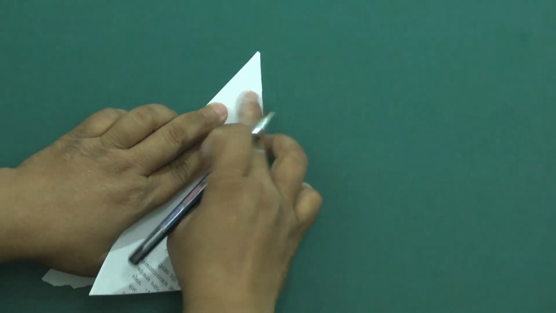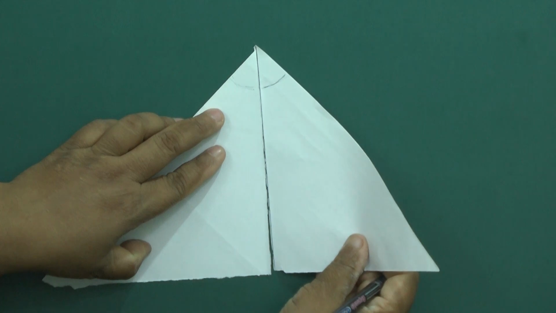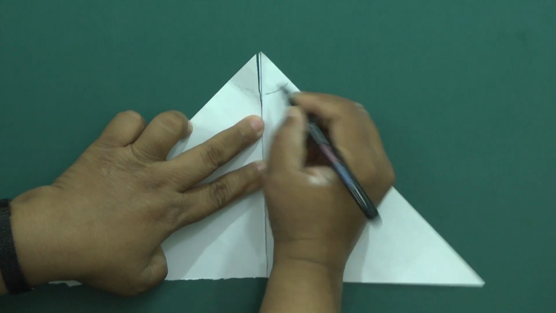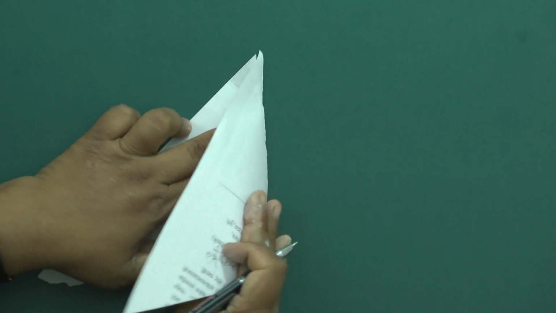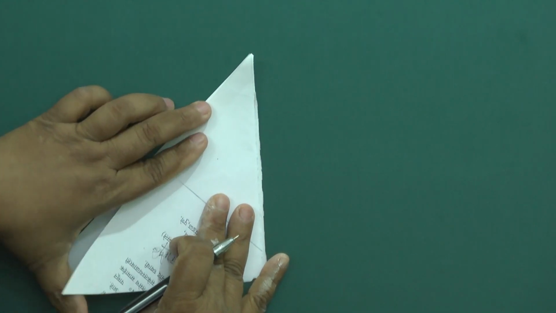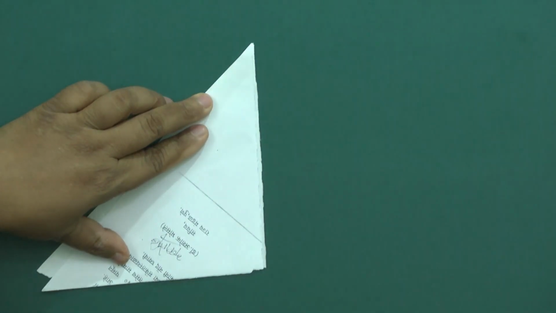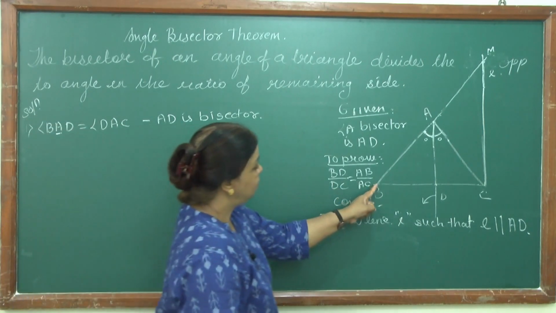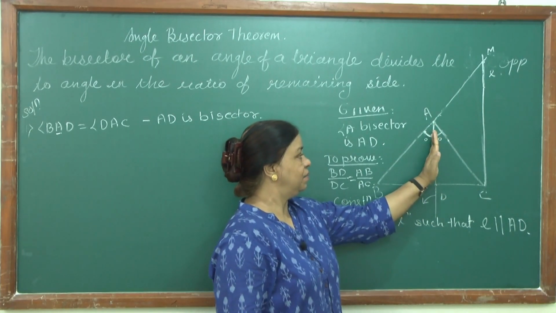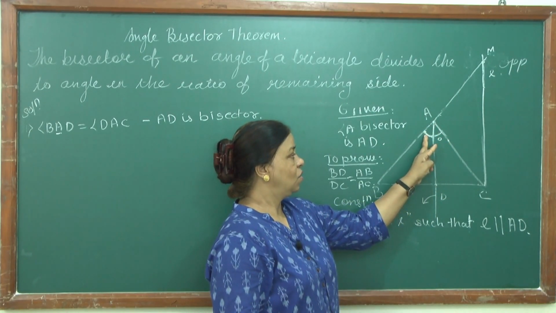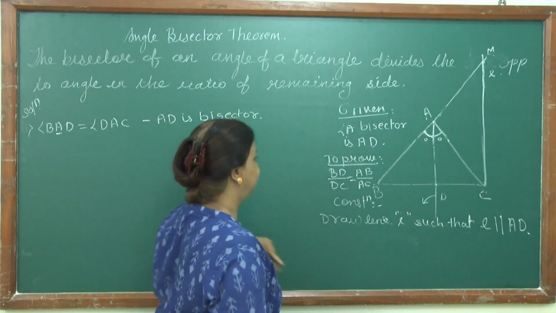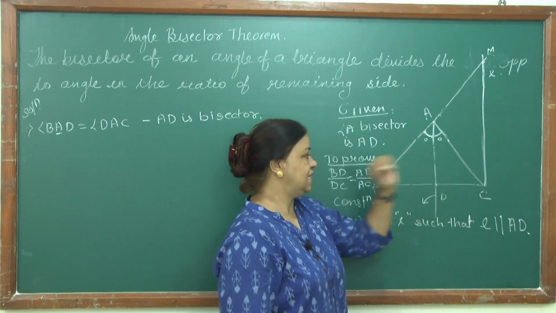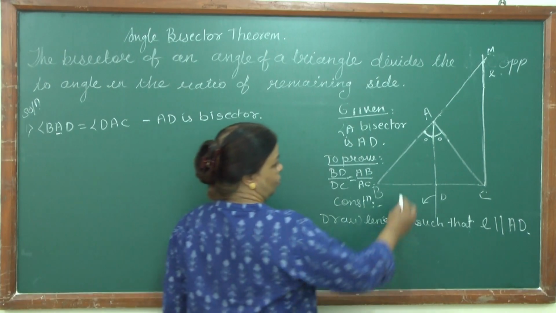That means they are equal to one another. One big angle got cut into two equal angles, and if I keep them on one another, they completely cover each other. That is angle bisector. So BAD, when you cut in the middle, this angle will coincide with the other angle. Now you saw. So angle BAD is equal to angle DAC, because AD is the bisector.